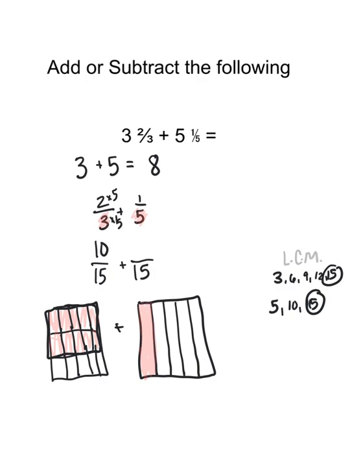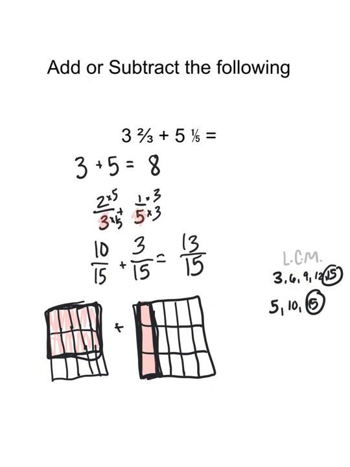We're going to multiply each fifth times 3. And when I do that, I can see that I have 3 pieces here shaded out of a total of 15. So now when I add my 10 out of 15 and my 3 out of 15, I've got 13 out of 15. That goes with my 8 that I added at first.